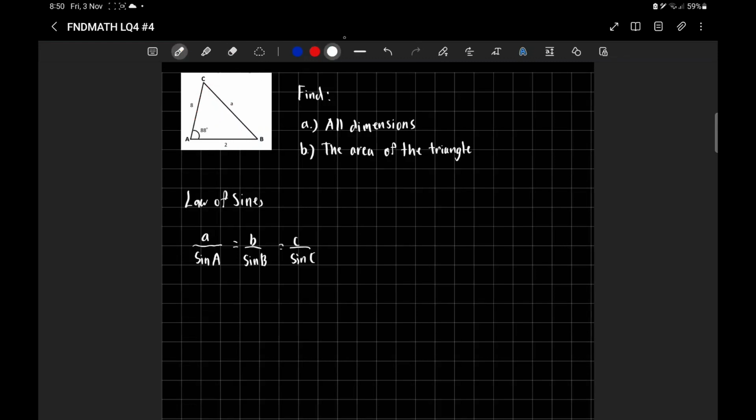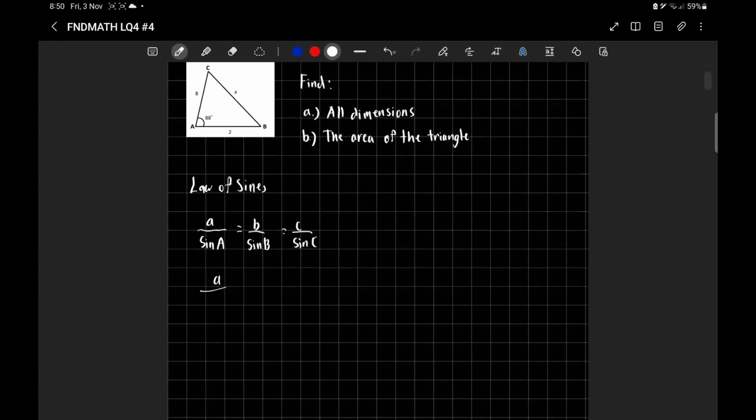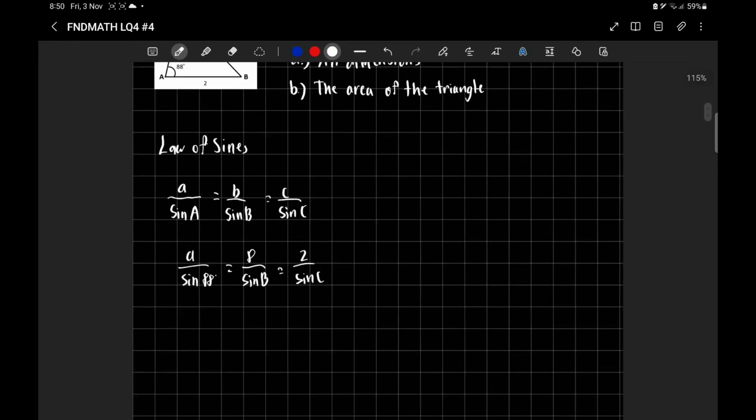So if we try to solve it, a is just a, so we haven't got a yet. a over sine of 88 is just equal to b, which is 8 over sine B. Still haven't got the angle of B. c is just equal to 2 over the sine of C. So if you realize it, I've realized it by now, that we can't solve for any of these sides because this equation will leave two unknowns, right?